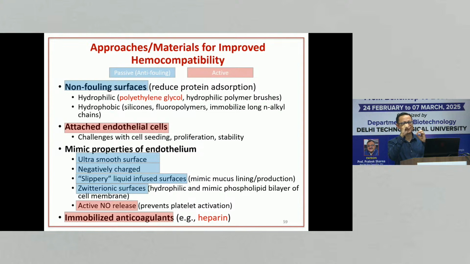So if a stent is there, the sooner it gets covered with this endothelial cell lining, the better, because now blood will keep flowing on it without getting activated, right? So you can immediately think, oh, on my device I can grow endothelial cells and then implant that. But there are challenges with cell seeding, proliferation, and stability.